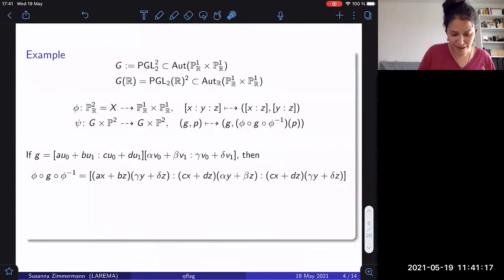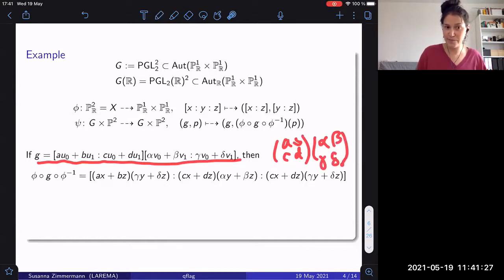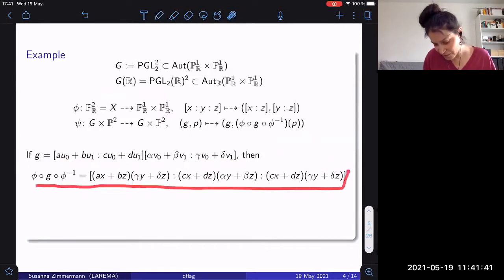So if you have this element, the two matrices A, B, C, D, and alpha, beta, gamma, delta in PGL2 squared, then what the conjugation gets you, so this acts as usual on P1 cross P1, and if you conjugate back, you get this fellow here.